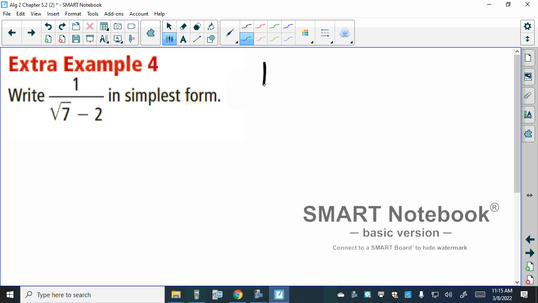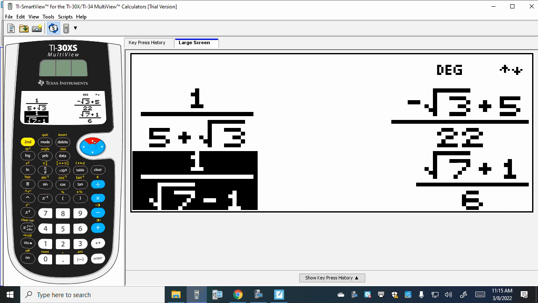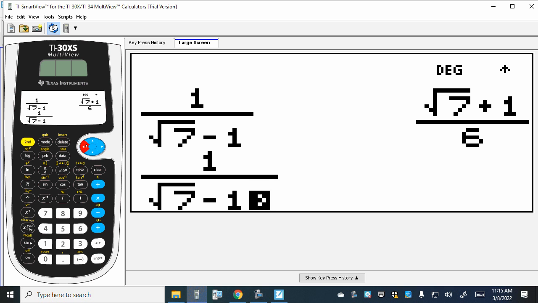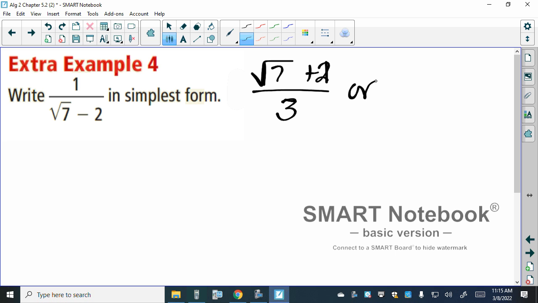So the calculator told us this one, well, square root of 7 plus 1 over, it should be square root of 7 plus 2 over 3, yes, because I did 1 instead of 2. Yeah, square root of 7 plus 2 over 3, if I typed it in right. Or we could say 2 plus the square root of 7 over 3, because those will be the exact same thing.